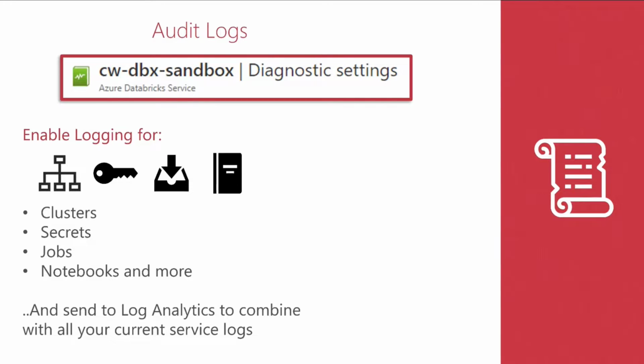For the Databricks specific ones, we can enable logging for the clusters, for the secrets, which secrets are being accessed, for the particular jobs that have been run, and any notebooks that are being executed. This can then all be sent to Log Analytics, and this can be combined with all of your existing service logs that you might be getting from your other resources.